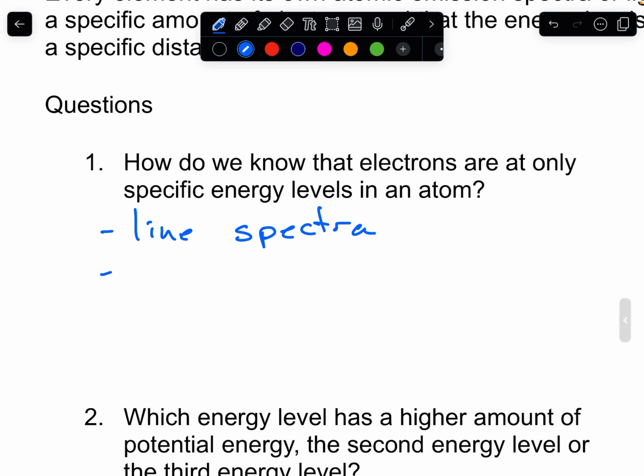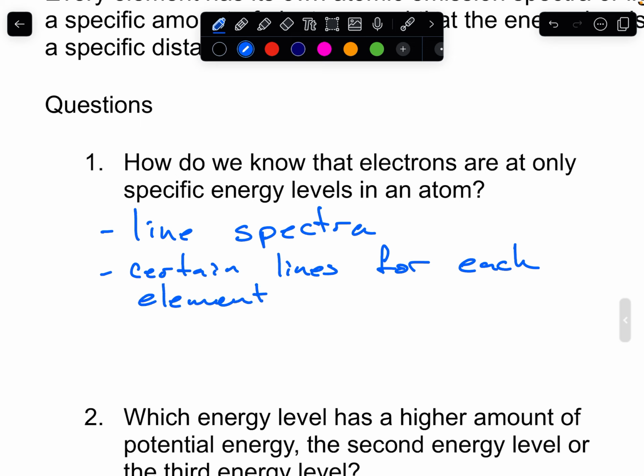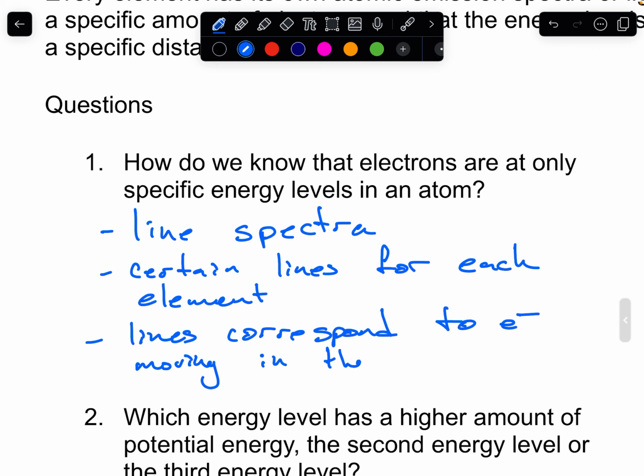There's only certain lines for each element, and those lines correspond to electrons moving in the atoms.